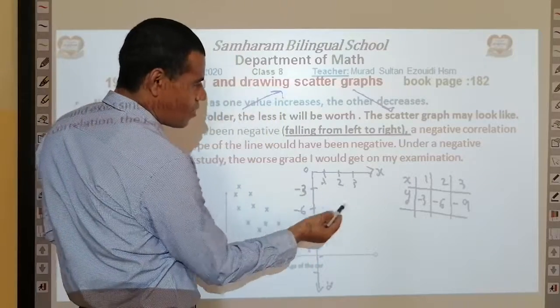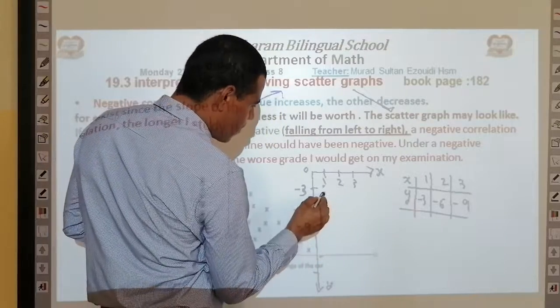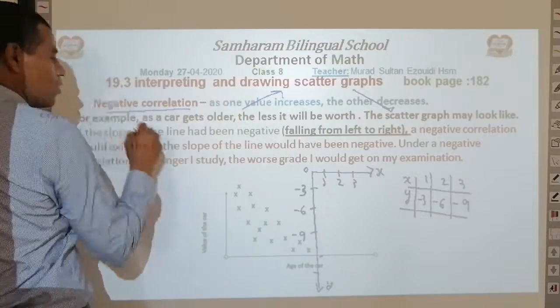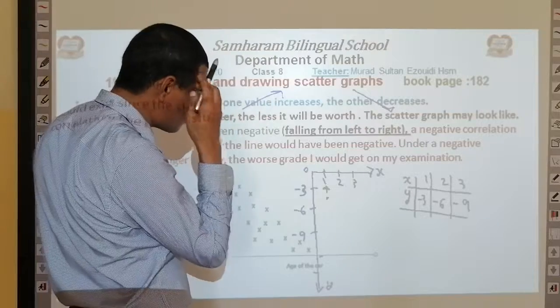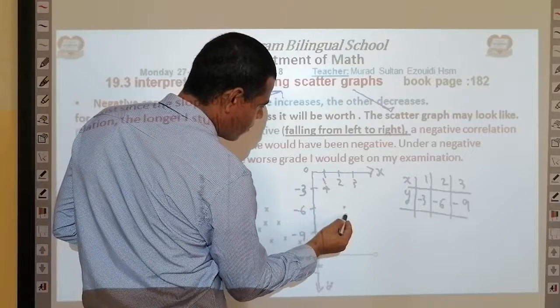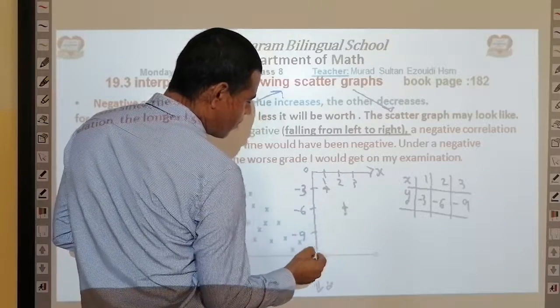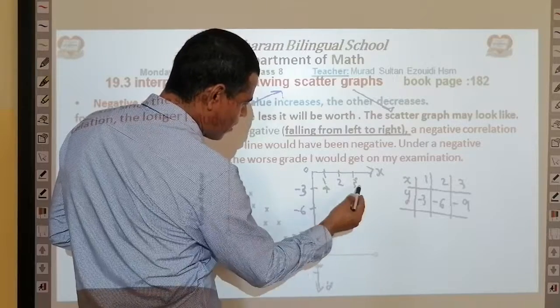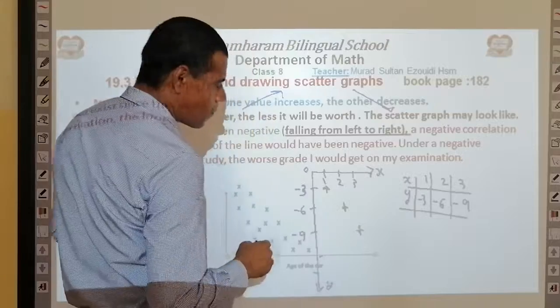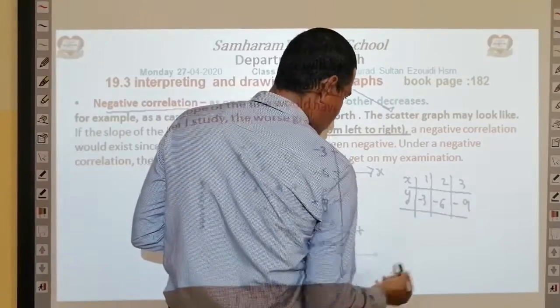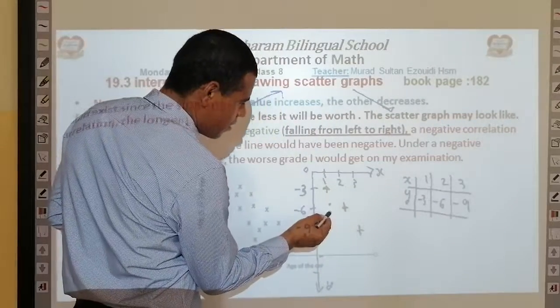So when x equals 1, y equals negative 3. This is the first one. When x equals 2, y equals negative 6. When x equals 3, y equals negative 9. Okay? Then I will now add other points.